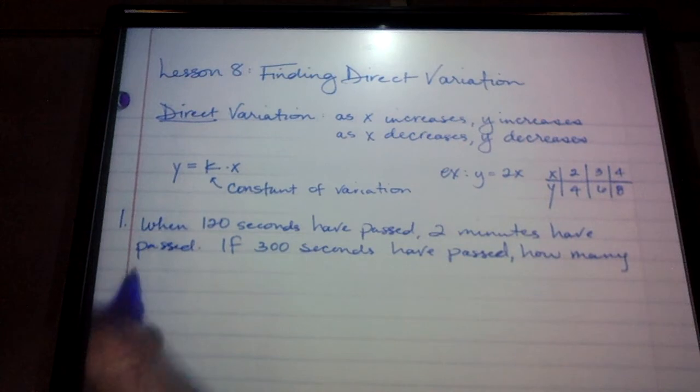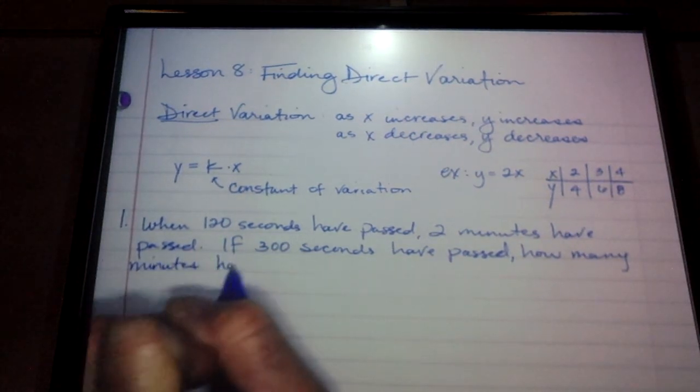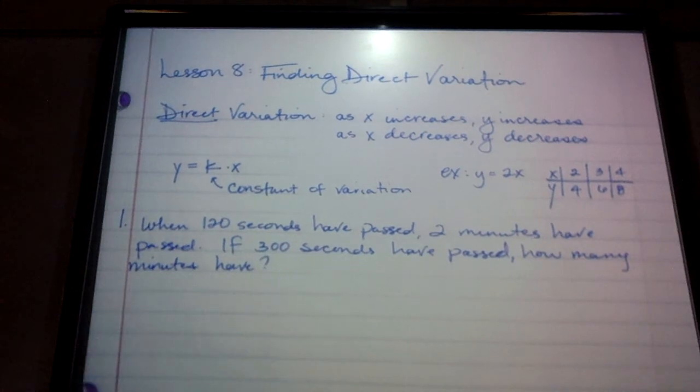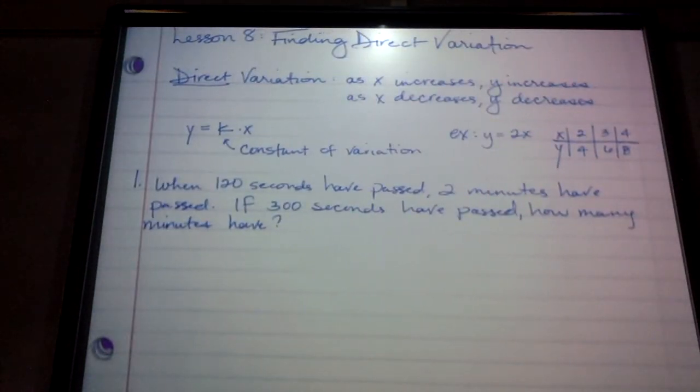Now, I don't know why this is an example in the book, because you should be able to do that without ever being in a math class, because all of you should know how many seconds are in a minute. But either way, I'm going to go over how I would set this up, okay?